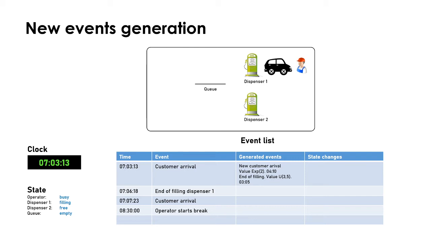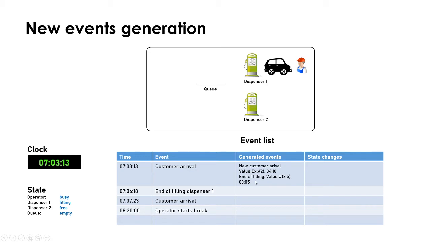And second, once we have had one customer arrive into our system, we need to schedule the next customer to arrive. So for the first thing, we know that there's a uniform distribution ranging from 3 to 5 minutes for the filling time. So we would get a number following that distribution, and we would add that value to the beginning of the filling.